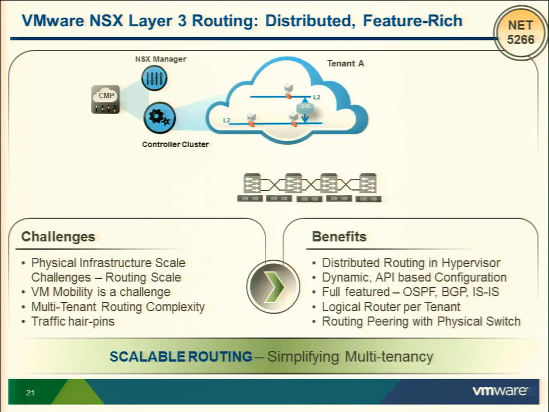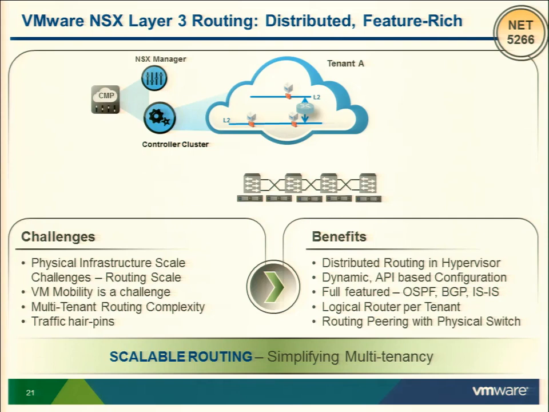With NSX, all of that traffic is now hypervisor to hypervisor. So if 2 VMs are sitting on 2 different subnets and they need to talk to each other, that conversation is now localized within that hypervisor. So the routing functionality is embedded in the hypervisor to allow communication not only at layer 2, but also at layer 3.